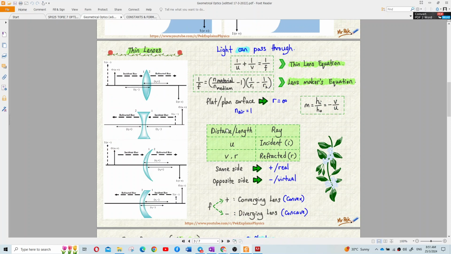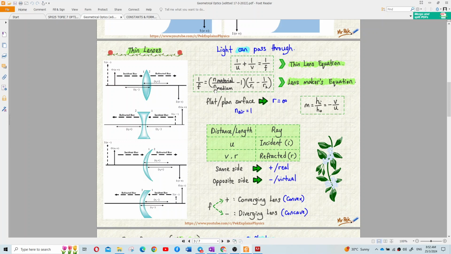We take the object distance compared with the incident ray, and the image distance and radius compared with the refracted ray. In the tutorial class I will teach you more about this. We still use the same formula, 1 over u plus 1 over v equal to 1 over f, same formula.